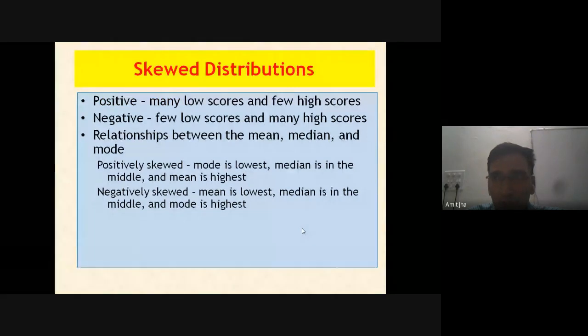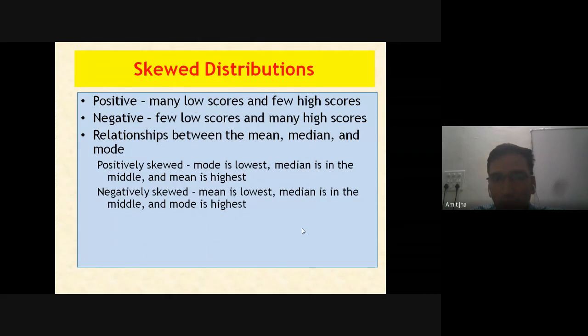Whereas in a skewed distribution, skewed means when it is not symmetrical, so it may be positively skewed or negatively skewed. When it is positively skewed, there are many low scores and few high scores. That's why it is called positive. And negative means a few low scores and many high scores.